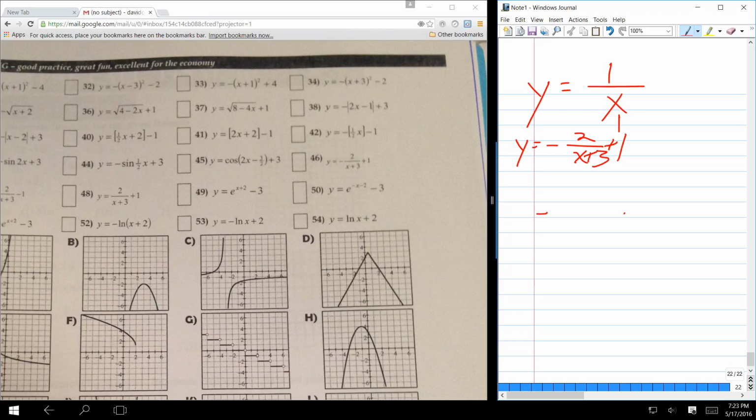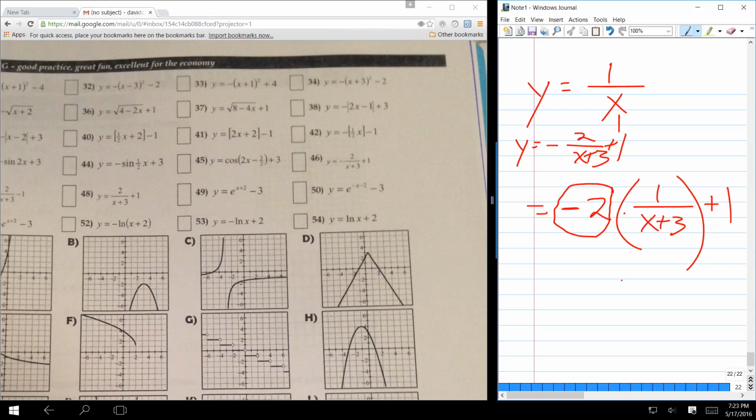Why don't we write that like this? Now the minus 2 is what? So -2. What's the minus, first of all? Flips it over the x-axis.